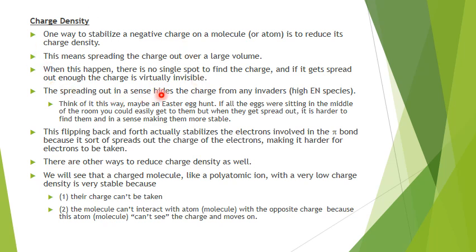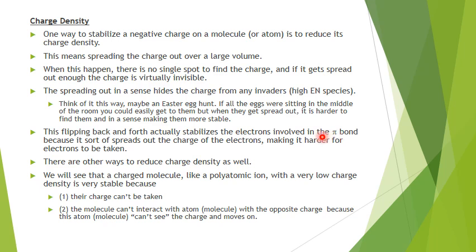The spreading out, in a sense, hides the charge from any invaders, highly electronegative species. Think of it this way, maybe on an Easter egg hunt. If all the eggs were sitting in the middle of a room, you could easily get to them, but when they get spread out, there's still the same number of eggs, but it's harder to find them, and those eggs are more stable. Okay, they're not going to be eaten. Okay, so this flipping back and forth between double bond and lone pairs is one way to spread out the charge.